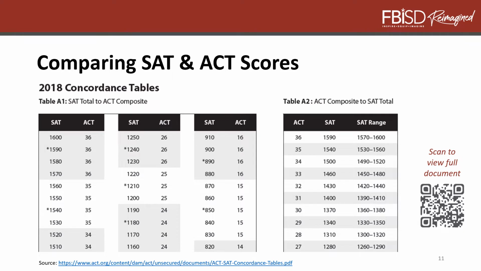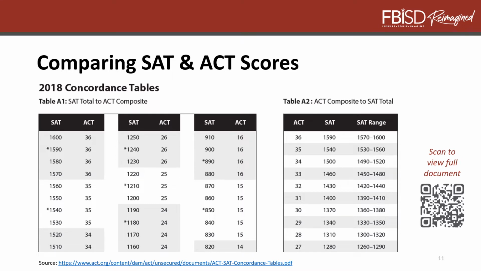For example, if a student scores a 1200 on the SAT, that is equivalent to about a 25 on the ACT. If the student scores a 26 on the ACT, that is the equivalent to about a 1240 on the SAT. So the student can bring the scores to their CCR advisor and say, excuse me, which one did I do better on? The CCR advisor will look at the scores and let the student know.